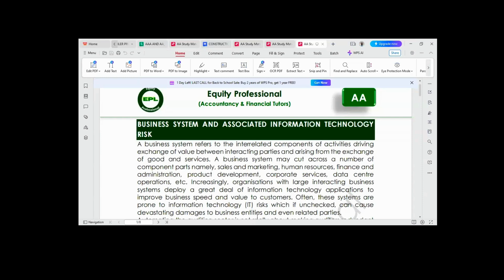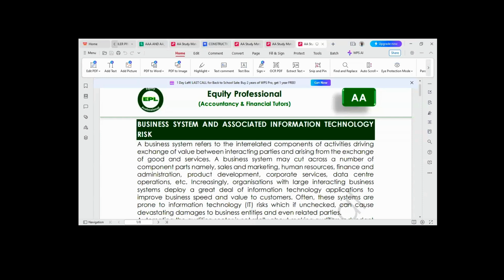It can put you on the right pedestal, then you build on it. So let's look at this topic. Please open your mind, it's something you can easily relate with, I can tell you for free. So the topic is business system and associated information system risk.